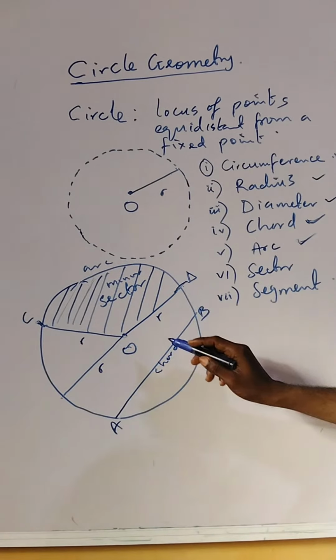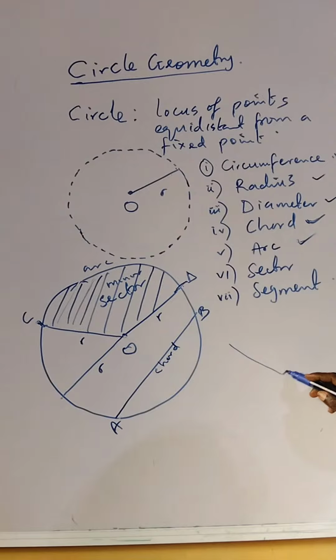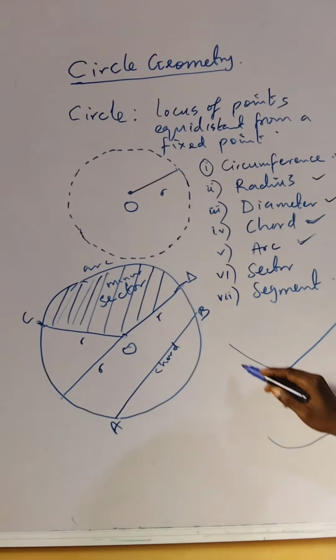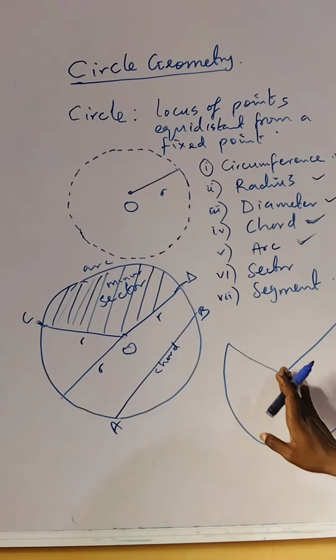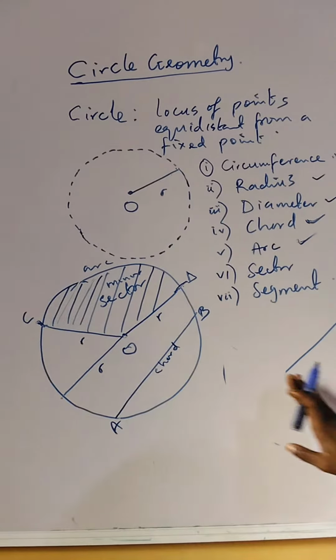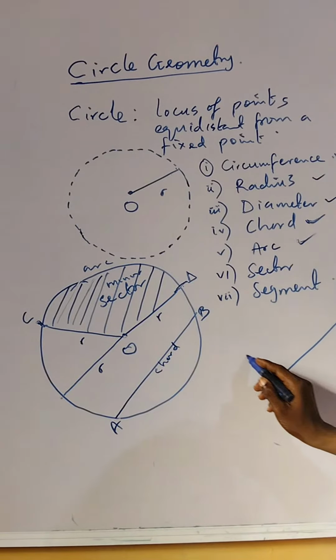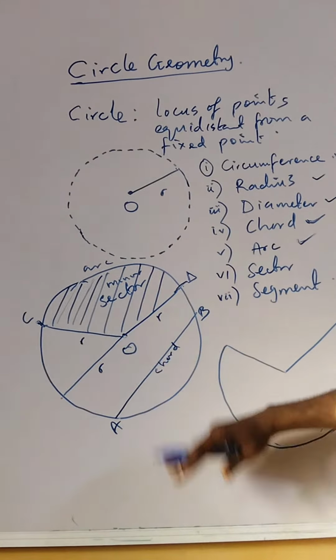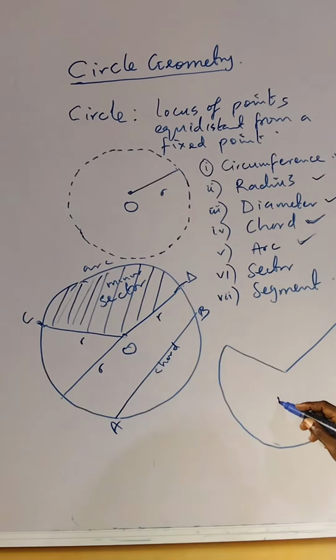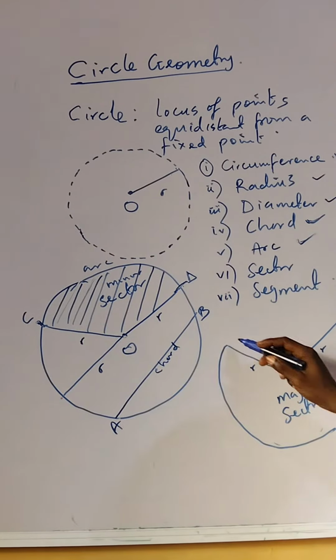And the other one here that is not shaded is also a sector, but it's a major sector. This is also a sector when you look at it, and we refer to it as a major sector, because it is also bounded by two radii and this arc CD.